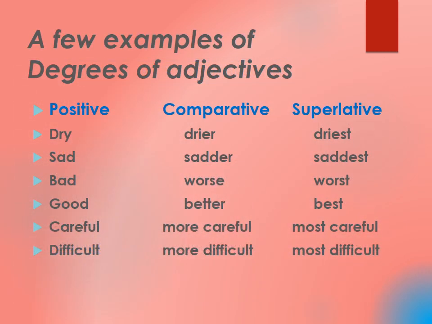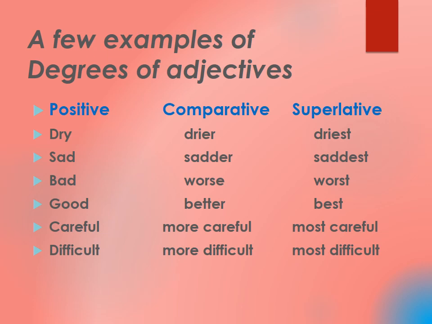Examples of degrees of adjectives are written in front of you: positive degree, comparative degree, and superlative degree. Dry, drier, driest; sad, sadder, saddest; bad, worse, worst; good, better, best; careful, more careful, most careful; difficult, more difficult, most difficult.